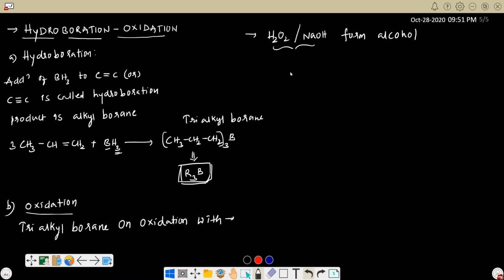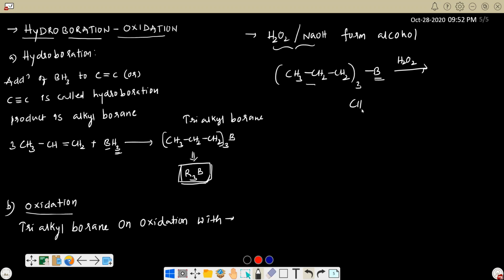Simply I can write CH3, CH2, CH2 taken 3 times, B. So here 3 alkyl groups are there. Therefore you can understand H2O2 as OH. So 3 OH groups attached to 3 alkyl groups and 3 OH groups attached to boron. So what is the product here?